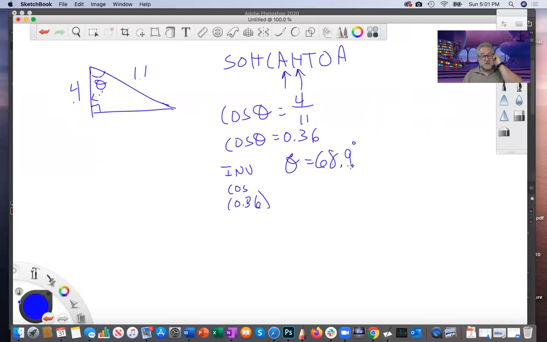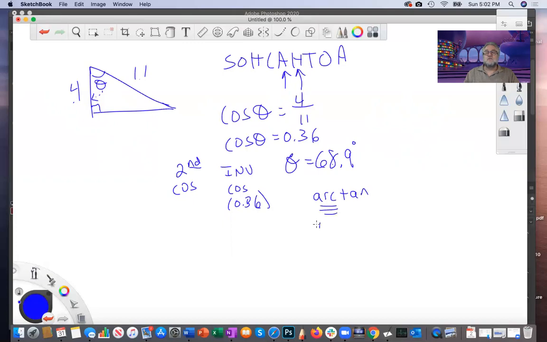So you use the inverse button. For me, I hit the second and then I hit cosine because that's what it is on the TI-84 Plus. But if you have a regular calculator, it may not have second, it might have the inverse button. Or sometimes you will have arctan.